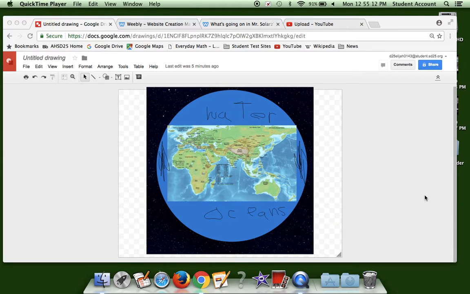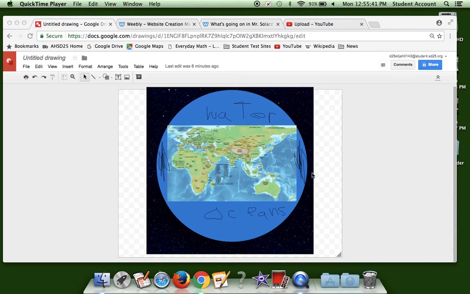Hi, and today I'm showing you my Earth model. So here it is. It shows the water in the separate oceans, and my model is like Earth because it shows it from a bird's eye view, and so there's space in the background.